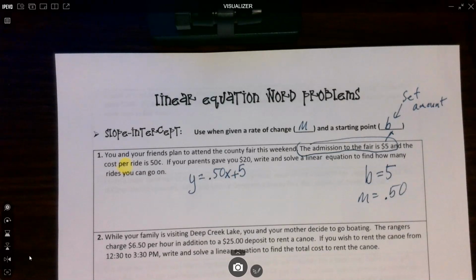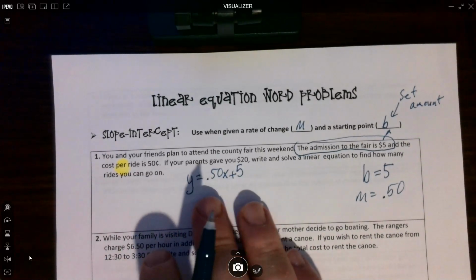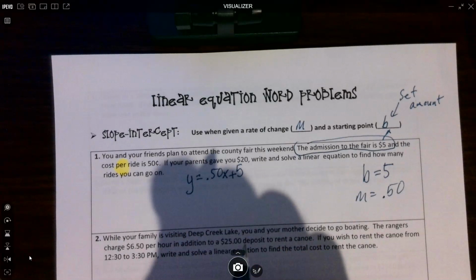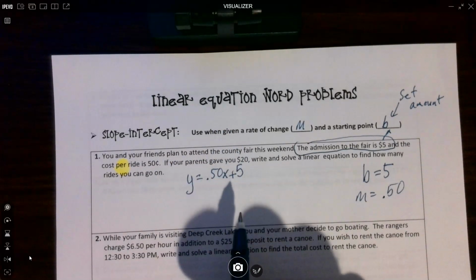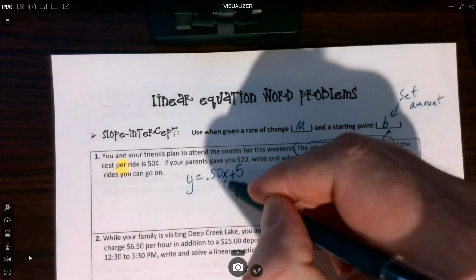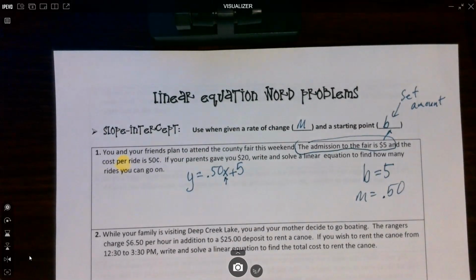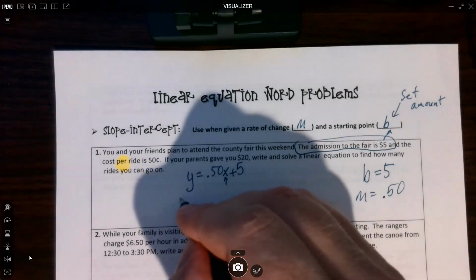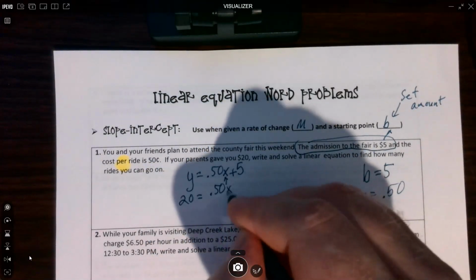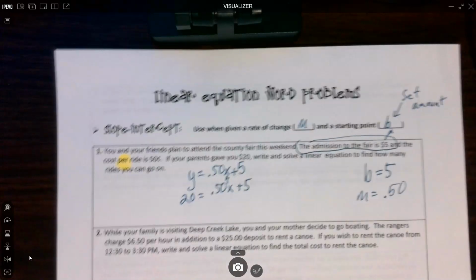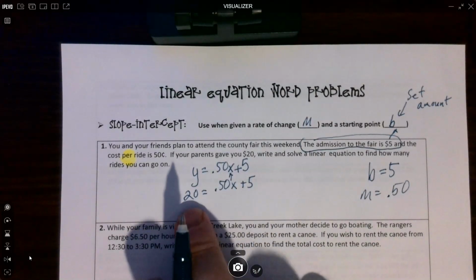Now, they tell you if your parents gave you $20, how many rides can you go on? So remember, this is the number of rides. So in this case, we're solving for X. So that $20 belongs here with Y. So our equation is going to look like this. That's the total amount.